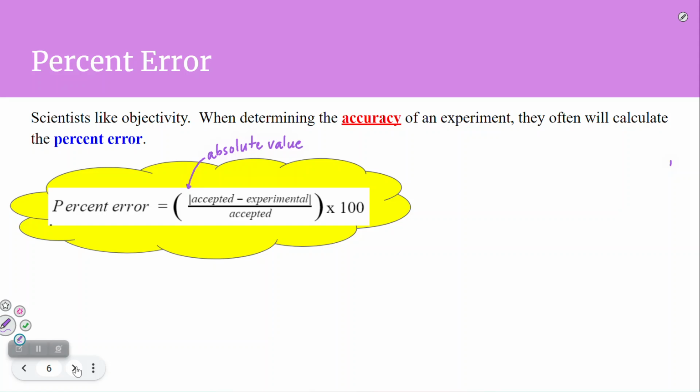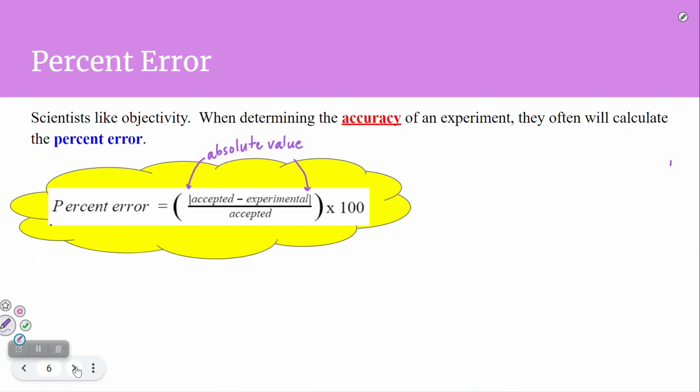We're just looking for the difference between the accepted and the experimental value, so that way you'll always have a positive number. And that will be divided by the accepted value times 100 because it is a percentage.